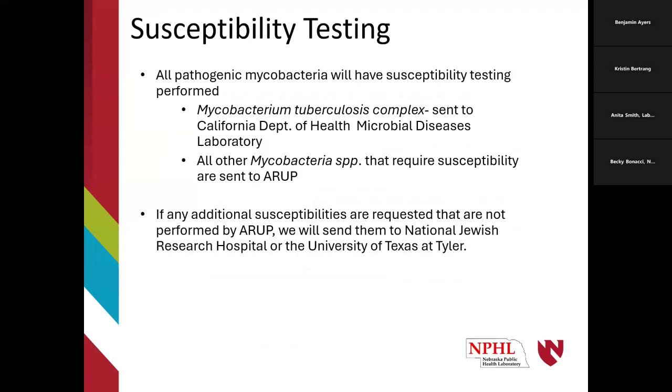We send all of our Mycobacterium tuberculosis complex to California Health Department. This is under the auspices of the CDC, so they do a lot of work for the CDC. Then they will also send to Michigan for genotyping, and that's also required for epidemiology purposes.